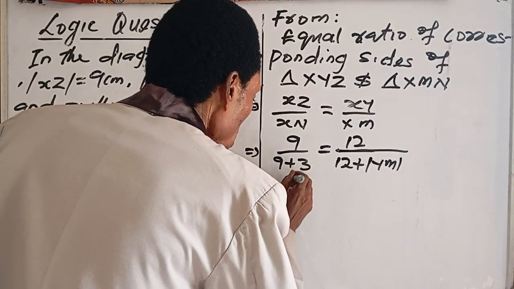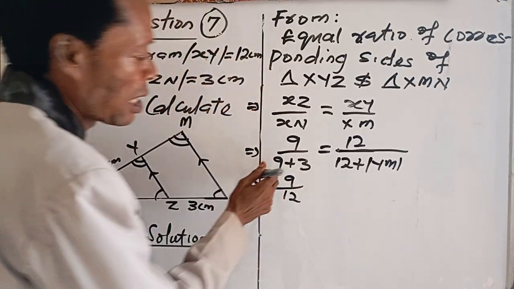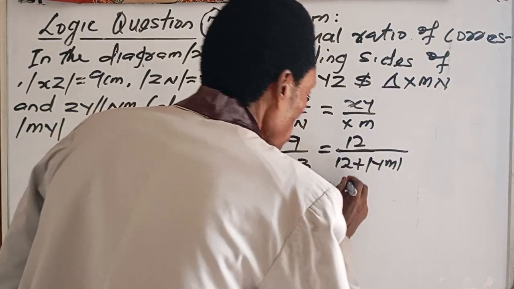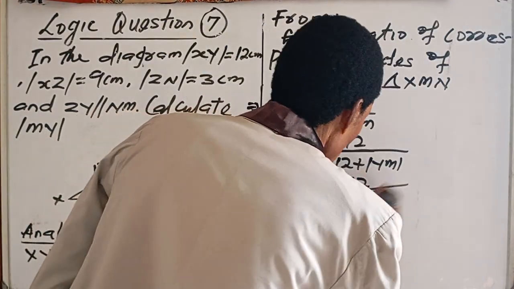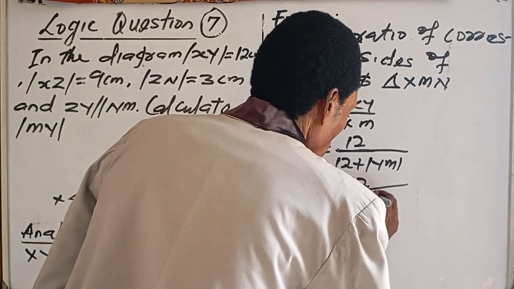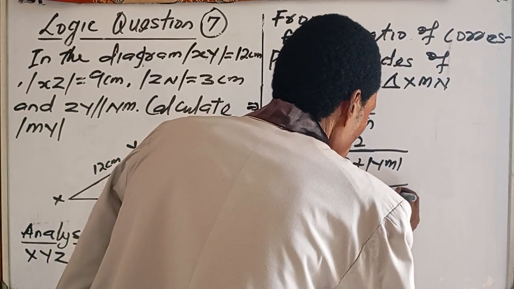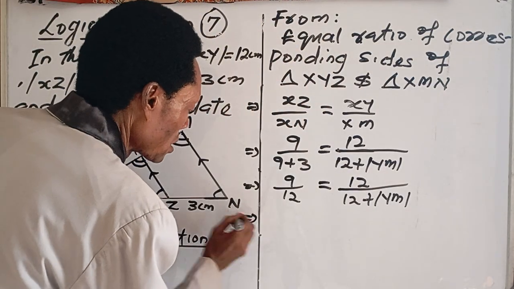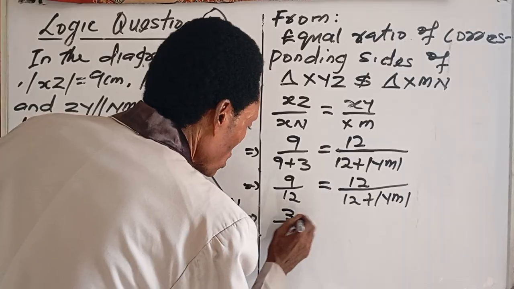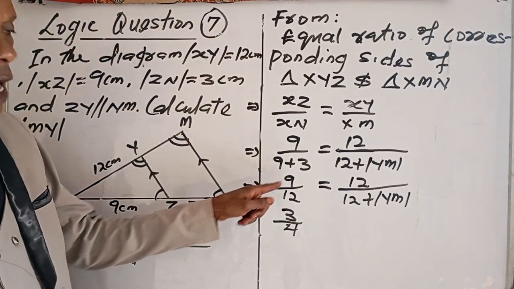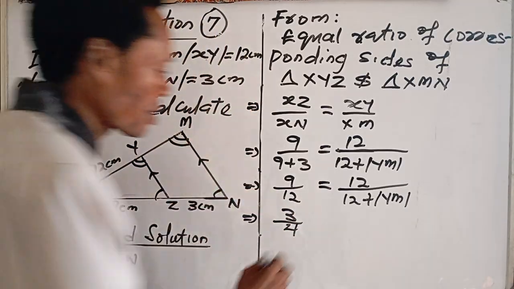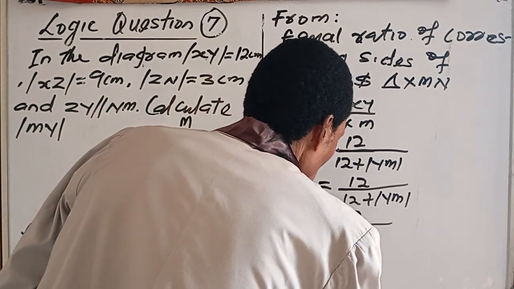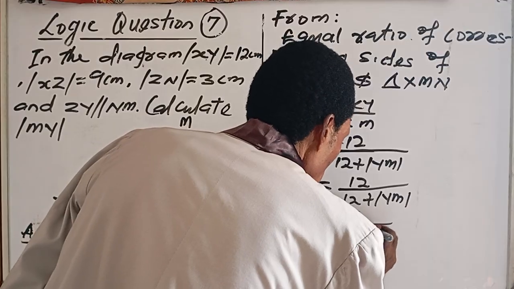This is 9 over 12, because 9 plus 3 is 12, equals 12 over 12 plus the length of YM. This can be reduced, because 3 can divide 9 and 12, giving 3 over 4 equals 12 over 12 plus the length of YM.